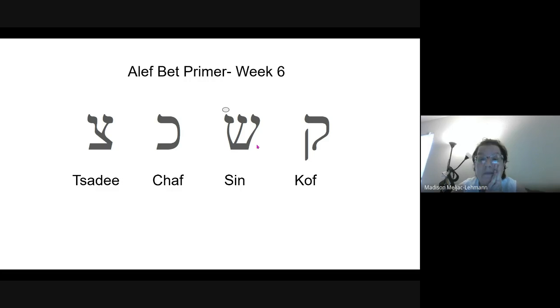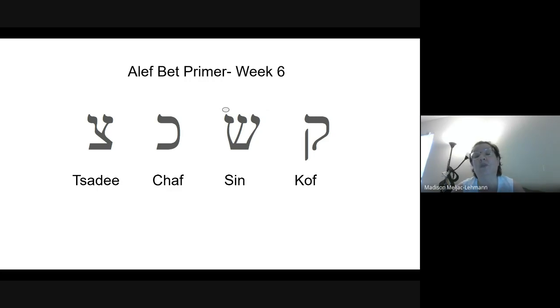Now, Shin and Sin. So this is Shin, the way it's shown here, the SH sound. And Sin is on this side where my cursor is. I don't know if you can see my cursor or not. This is the most popular S. You will see Sin and Shin the most popular to make an S sound. However, what you won't find is, like I said, a lot of times Samech is the only word where the Samech starts in the beginning of the word.